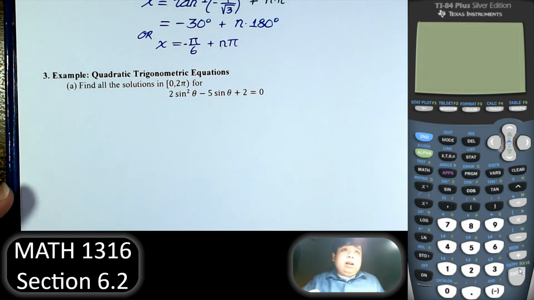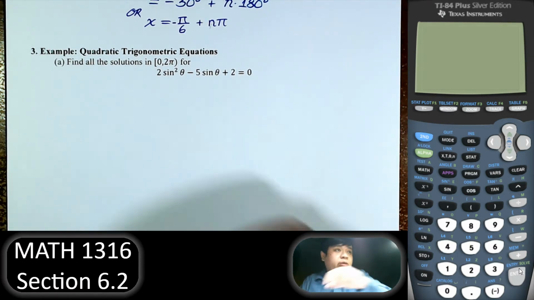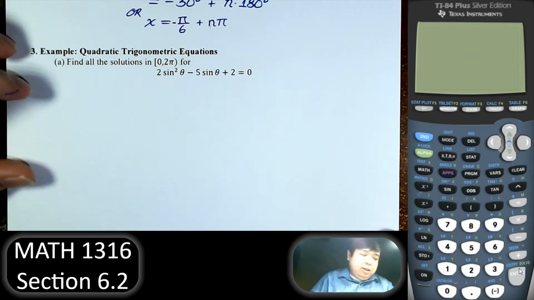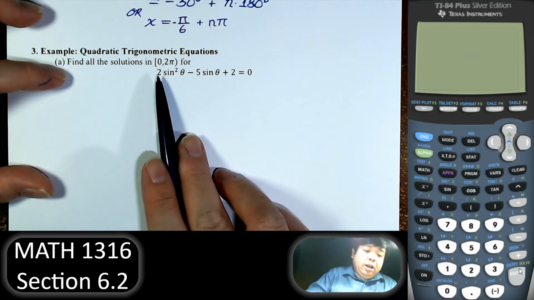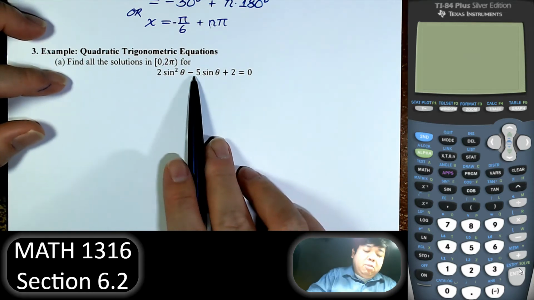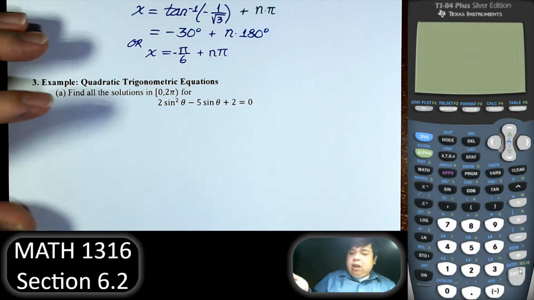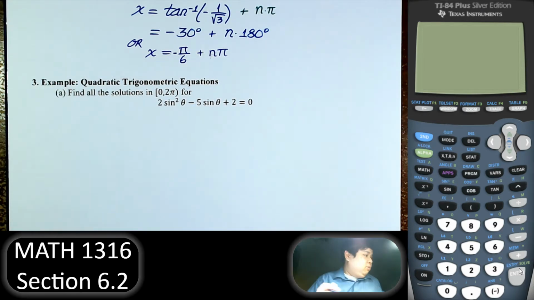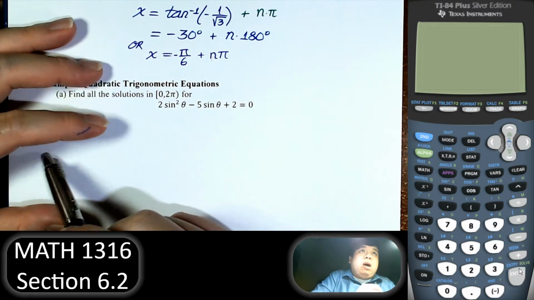But now, we have to go to equations in more different forms. In different forms. Right. 2 sine squared minus 5 sine plus 2 equals 0. So first, just like every problem that we've done up to this point, try to get the trig function by itself.